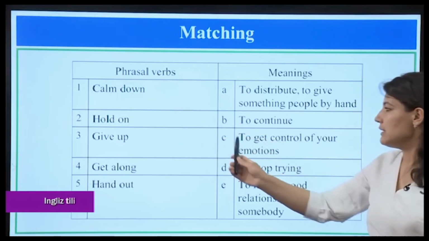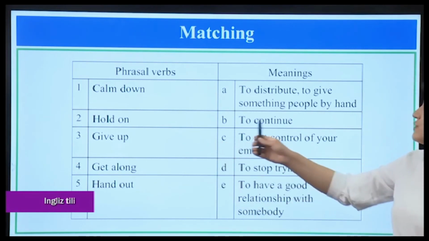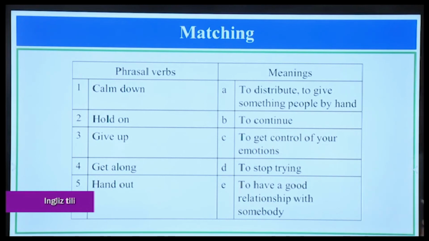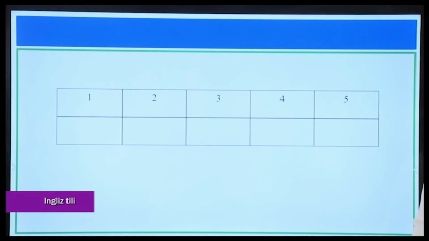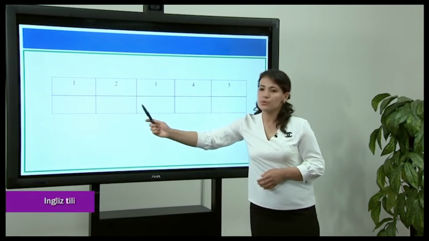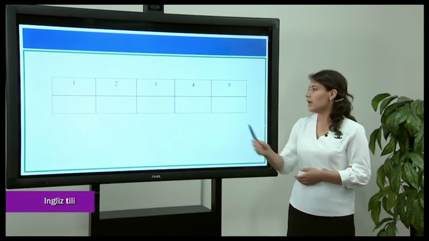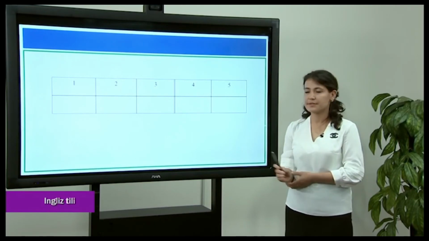So one is C. And the next one, hold on means to continue. So 2 is B. In this way, your pupils should find all the matches. And you can use such kind of table to write down the answers. They will write 1C, 2B, and like this. And this table will be easy for you to check their answers.